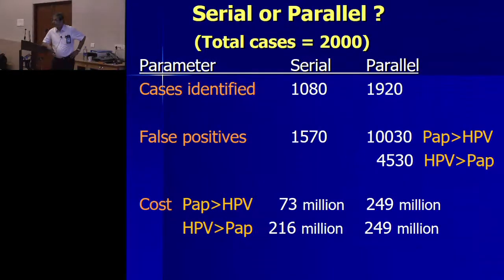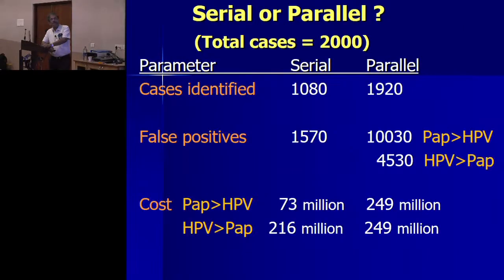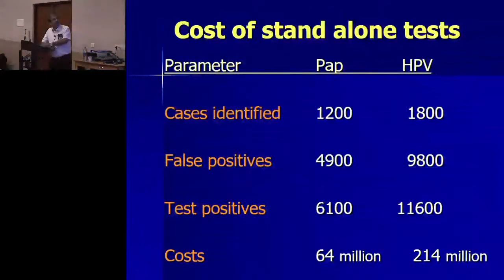Now, if you are the policy maker, what are you going to do? Maybe 73 million here, 64 million here. So either PAP alone or PAP followed by HPV. For an extra 10 million, how many cases are you picking up?